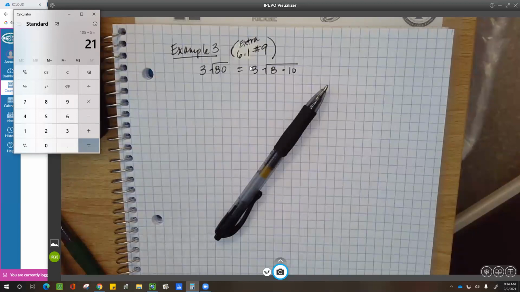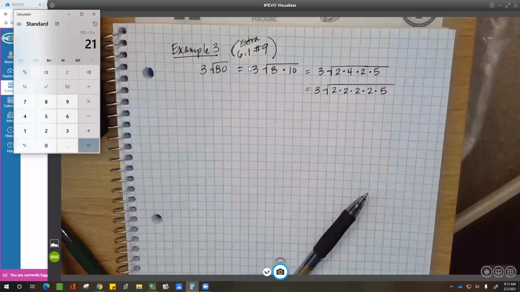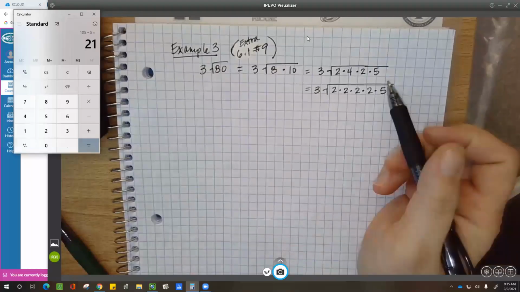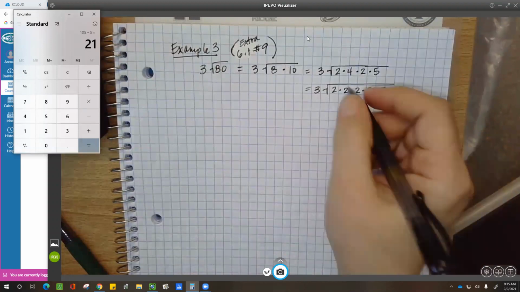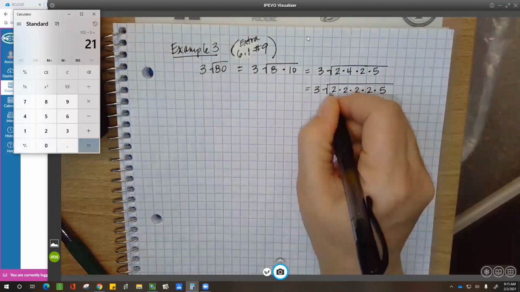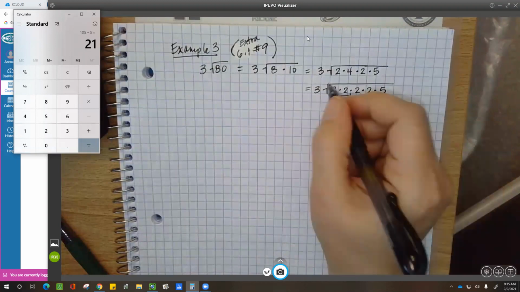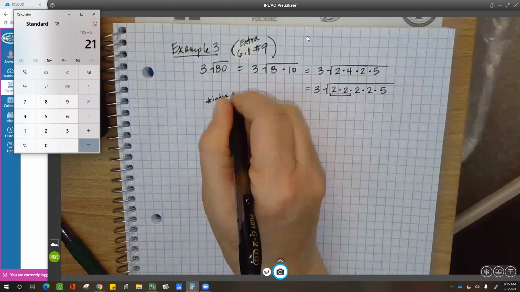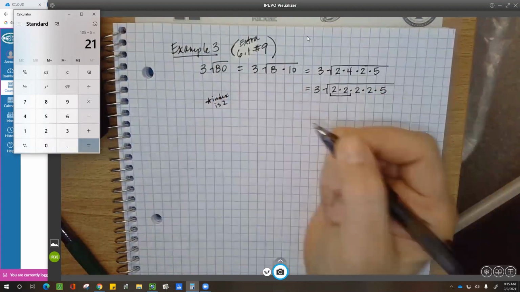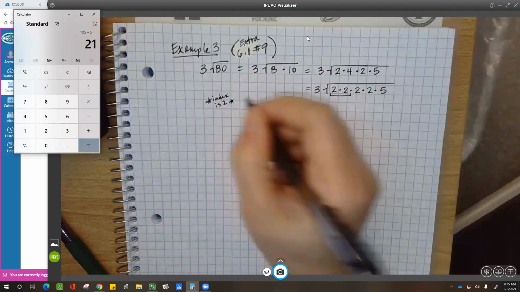We should get to the same result. However you did it, we should still get to the same result. So go ahead and finish yours. Here's how I broke mine down. I went ahead and factored it completely out. I have index is 2. So I need 2 matching factors to be able to simplify.